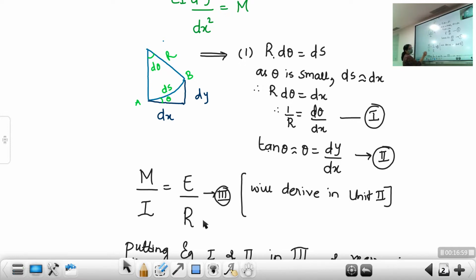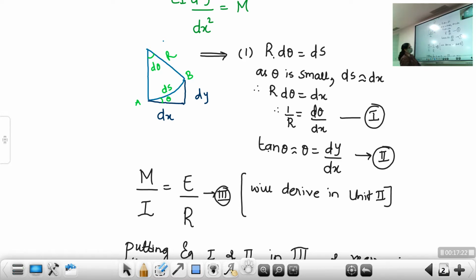The ratio is M by I is equal to E by r. Now you'll see from where you have got this. This is called the bending equation, which will be derived in your unit 2, and this will be done by Dr. Shweta ma'am. Fine.